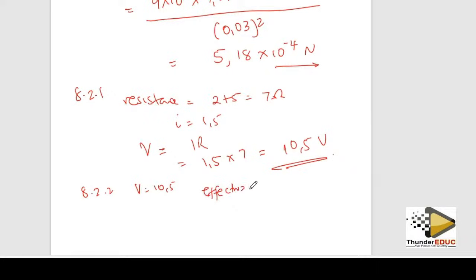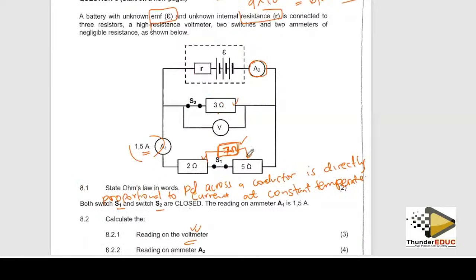I don't know, someone can get the effective resistance, but why should I go the long way? I know, I don't need to combine. The voltage across a parallel combination is the same. So 10.5 is across this, 10.5 is across the 3 ohm. Why can't I just get the current?